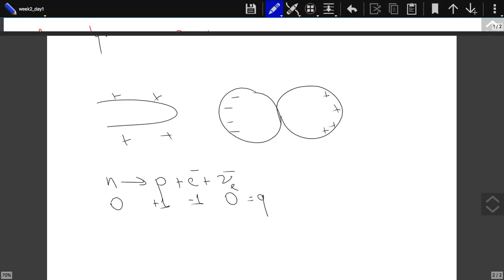Now, in ordinary matter, it's made up of a bunch of electrons, a bunch of protons, and a bunch of neutrons. Electrons carry electric charge. We know that electrons interact electromagnetically. That's how we know that it has an electric charge. Protons also have an electric charge. Neutrons do not.